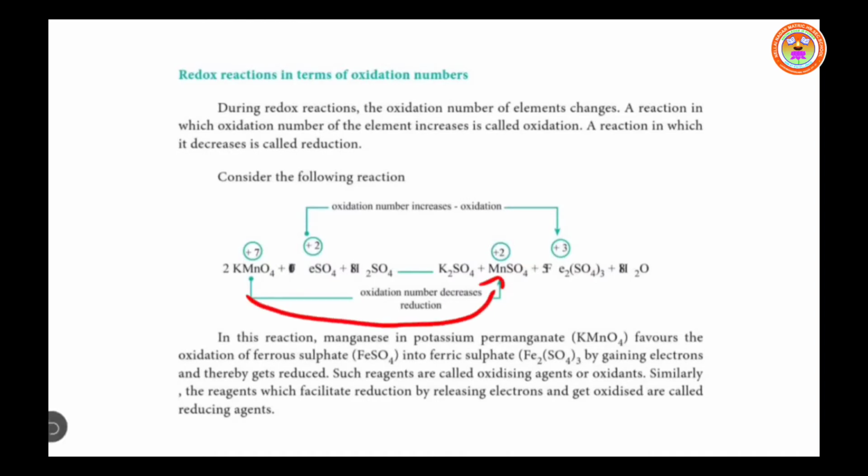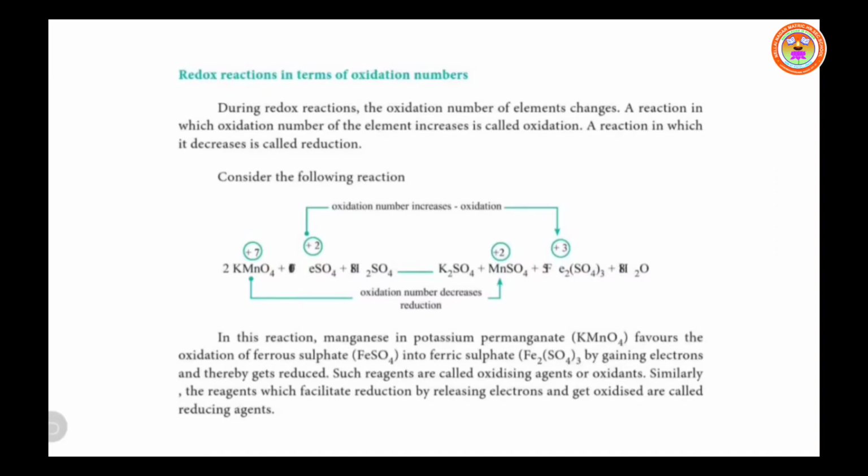Now we can explain this reaction in terms of oxidation number. Here potassium permanganate functions as an oxidizing agent. It oxidizes ferrous sulfate to ferric sulfate. How do we know that ferrous sulfate is oxidized to ferric sulfate?